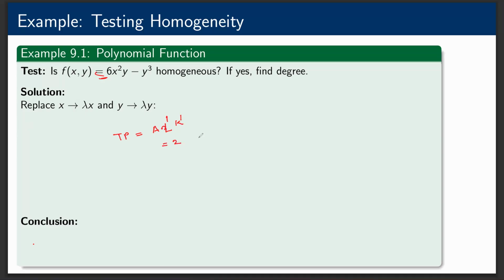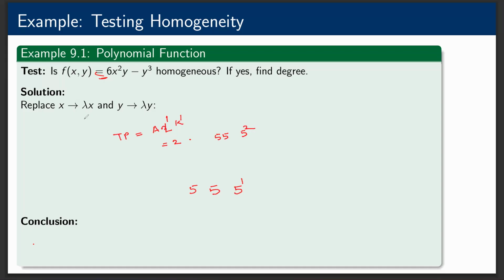It implies that if labor increases by 5 times and capital also increases by 5 times, then my output will increase by 5 square times. If it is homogeneous of degree 1, and labor is increased by 5 times and capital is also increased by the same 5 times, then output will increase by 5 to the power 1 time, that is equal to 5 times. Okay, is it clear? Yes, ma'am.